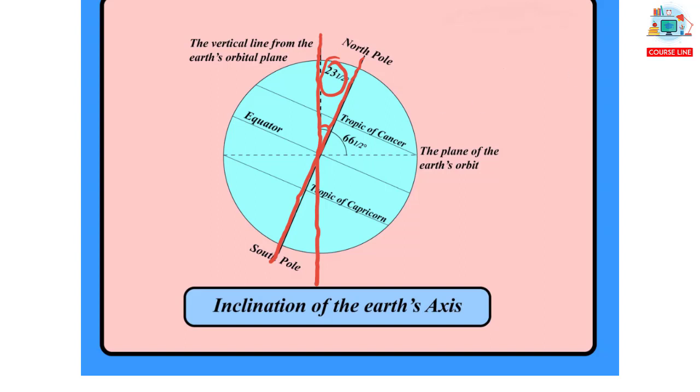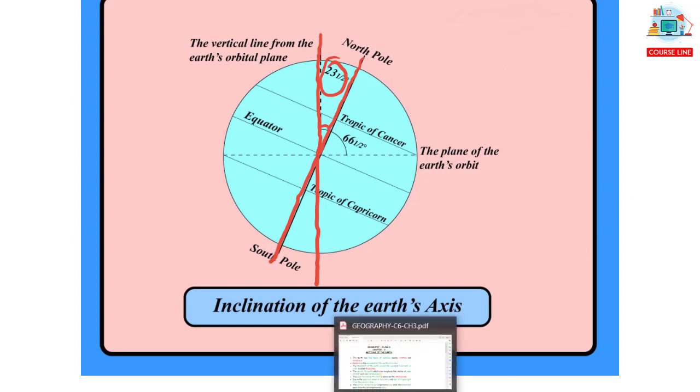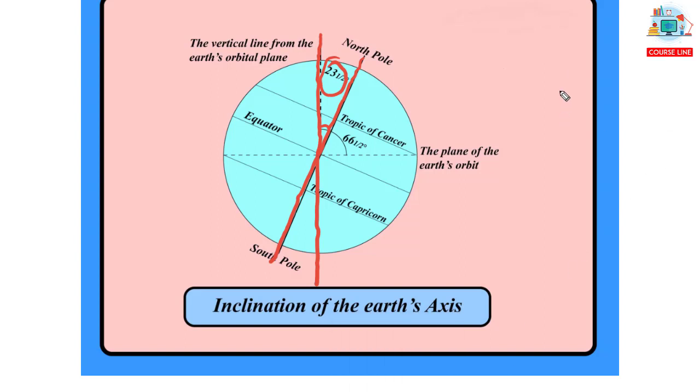Here we have studied that the earth is making an angle of 66.5 degree with the orbital plane. Okay, this is equator, and due to the tilting of the axis, this is the horizontal plane, and the horizontal plane coincides with the earth's orbit. Okay, this is the orbit on which earth revolves around the sun.